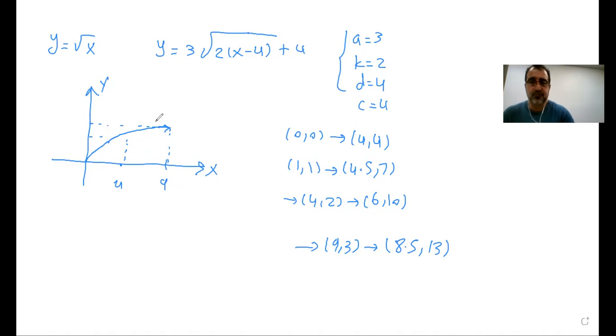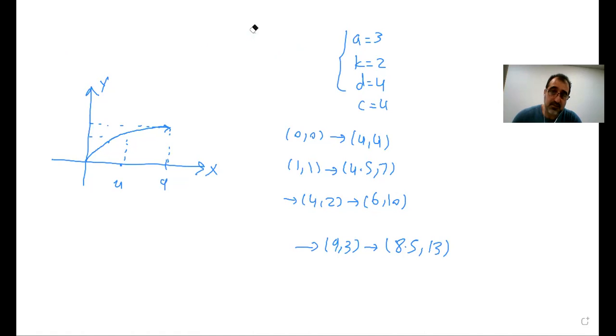Now, 0, 0 goes to 4 and 4, a bit higher. I'm going to get rid of this part. 4 and 4 is here, for instance, and then 4.5 and 7, say this point, and then 6 and 10, this point, and then 8.5 and 13.